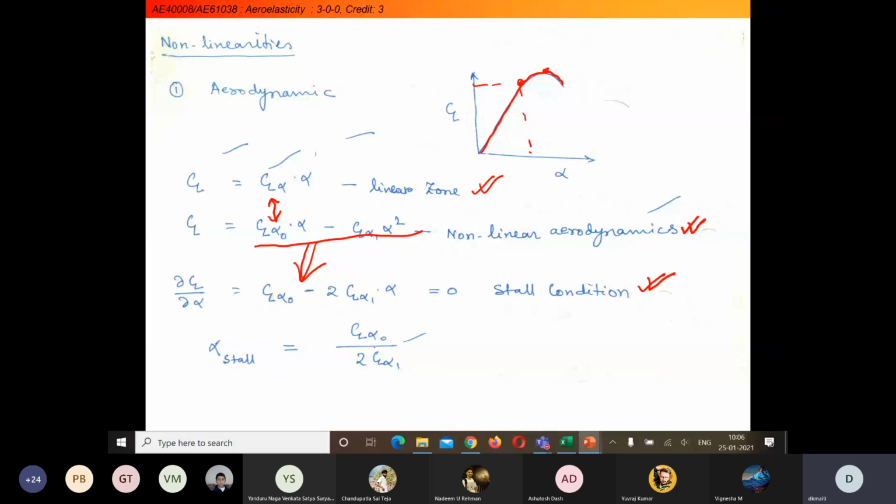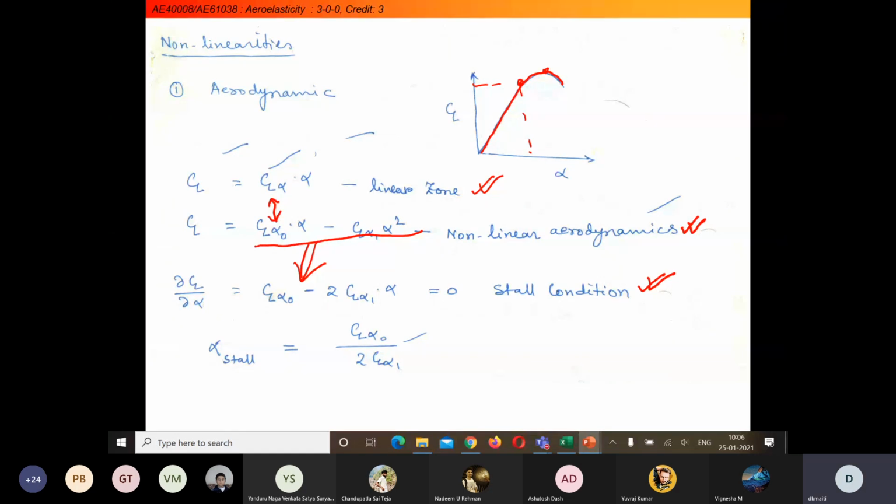Stall means that at that point, with increasing angle of attack, the lift will not increase, it will decrease. That is not the desirable condition, which is why we call it the stall condition. Once we know the lift curve slope CL alpha naught, alpha stall is CL alpha naught by 2 CL alpha 1.